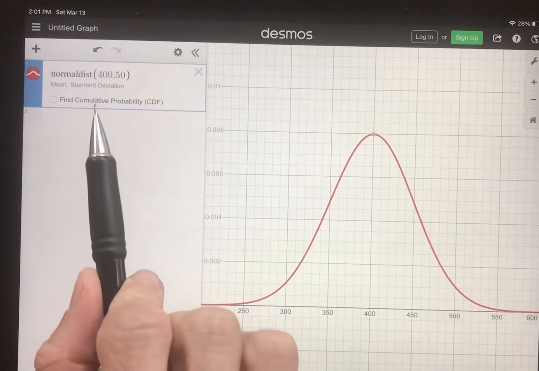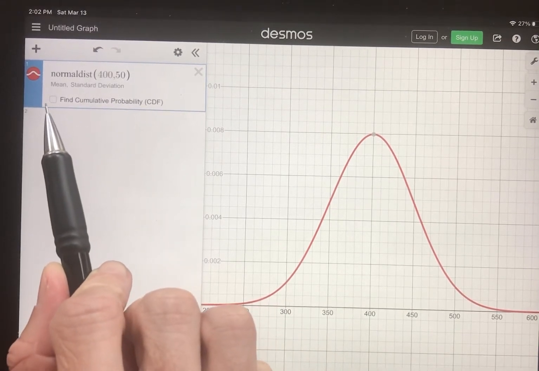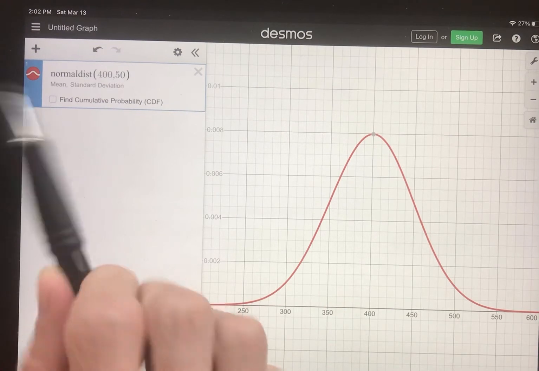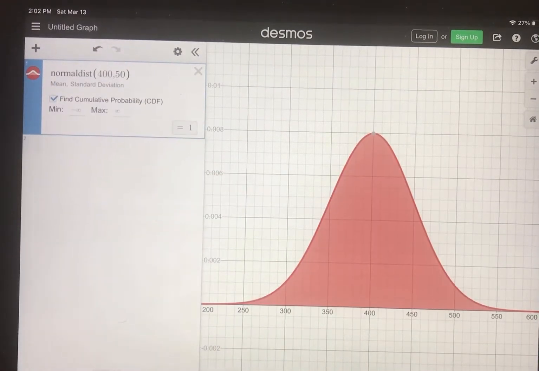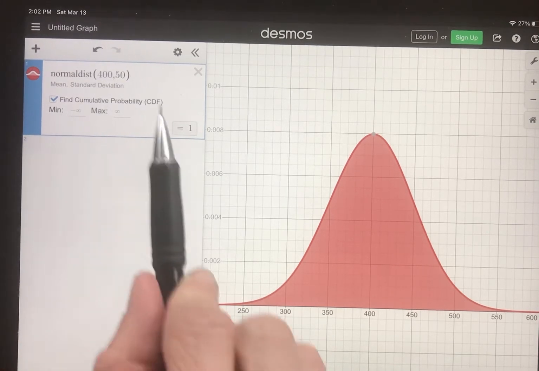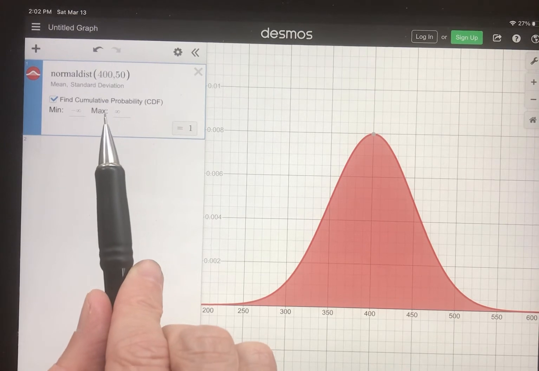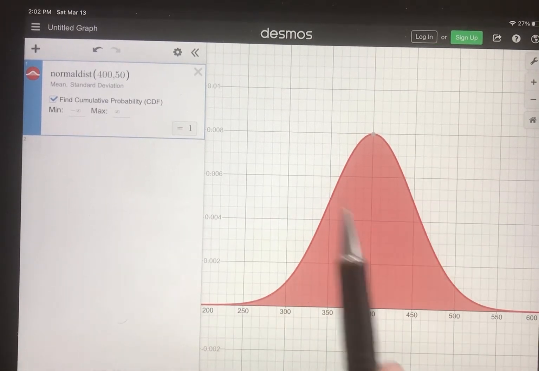We can use this to find probabilities as long as we check this find cumulative probability checkbox. So I'll check it. And its default is to go from -infinity to infinity, which is 100% of the data.